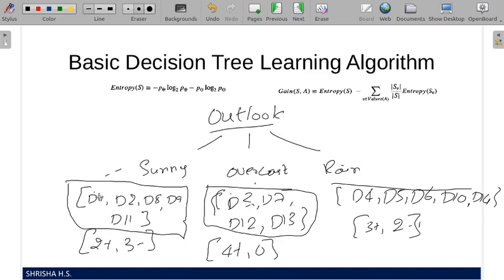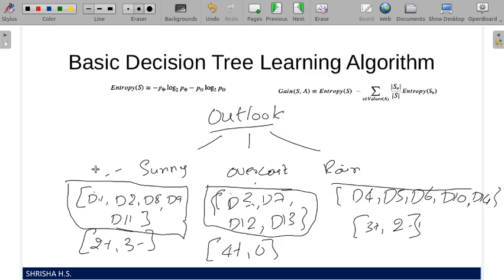So consider this as a data set and repeat the previous steps. But don't calculate for outlook, because outlook is already selected. For overcast and rain, repeat the information gain calculating process, and select the attribute with the highest information gain.